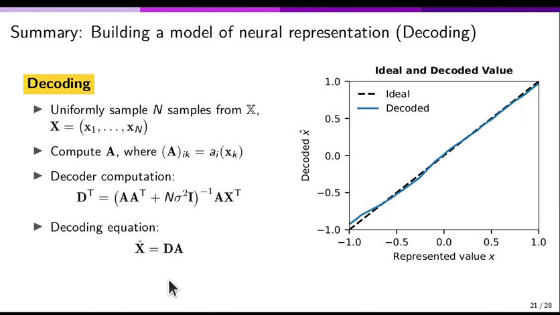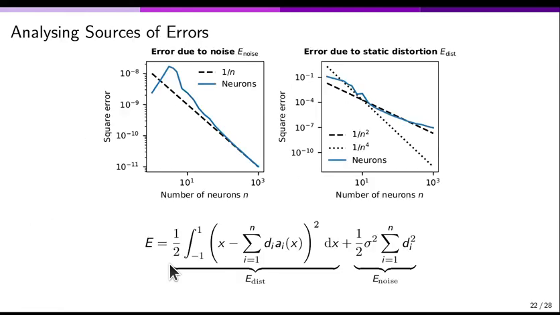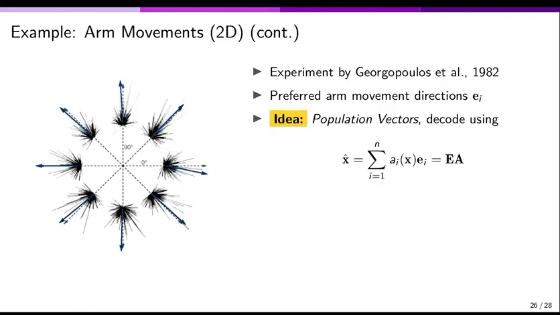And then, instead of finding a good decoder, let's just use E as my decoder. That was the idea. So let's estimate that X by taking the activities and multiplying them by E, my encoder, the direction.